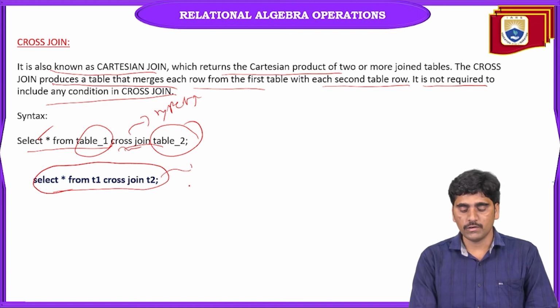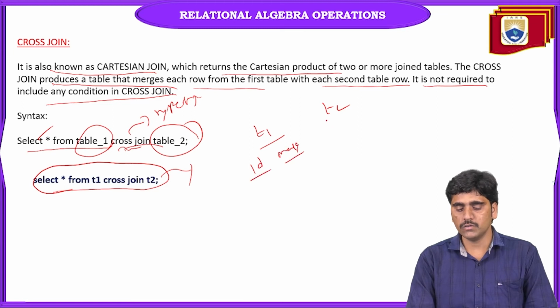Now suppose you have t1 having id, marks and t2 also having id, marks. So two values on this side and two values on this side.